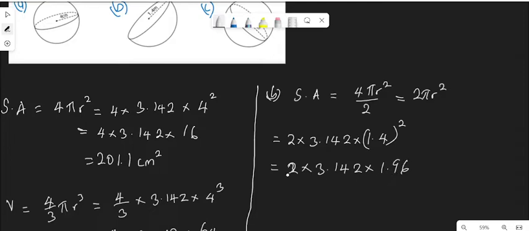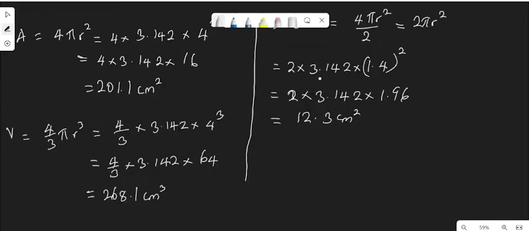When we plug all this into the calculator, 2 multiplied by 2, I have 12.3 approximately centimeter square as the surface area of the hemisphere.